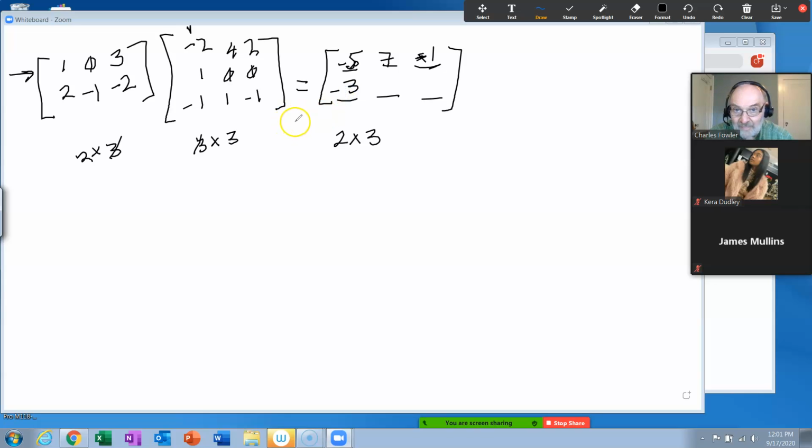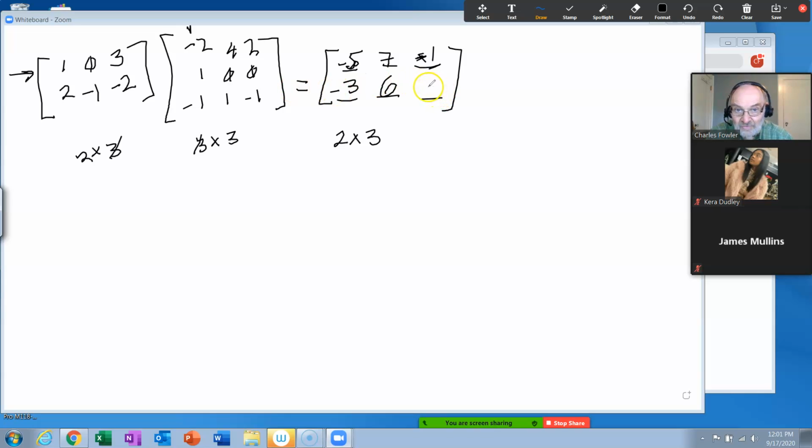All right. The 2-2 entry here, second row here, second column here, would be an 8, 0, -2, so that would be a 6. 8 minus 2 is 6.